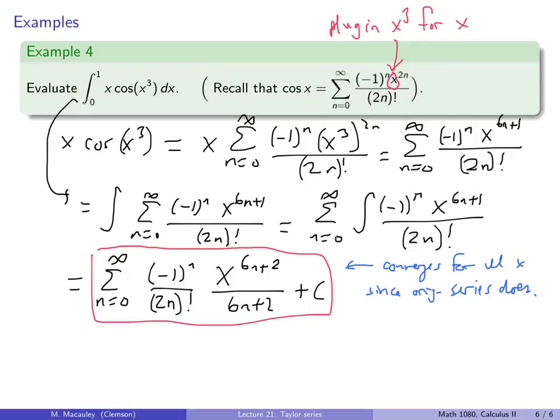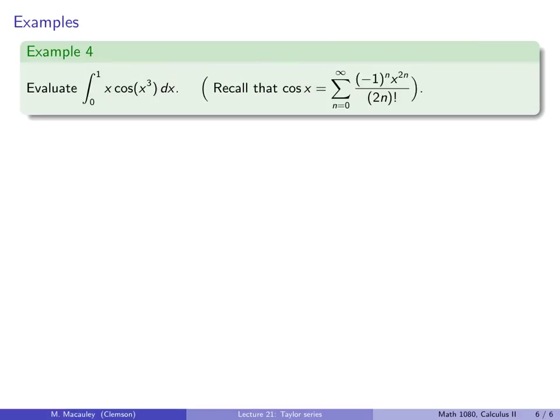But in this case, we actually want to evaluate this integral from 0 to 1. And this is really cool because we're going to get an exact answer here. And that is an exact answer of a definite integral for something that we do not know a closed form solution of in terms of trig functions. Okay, so let's continue. I ran out of room, so I just cleared this.